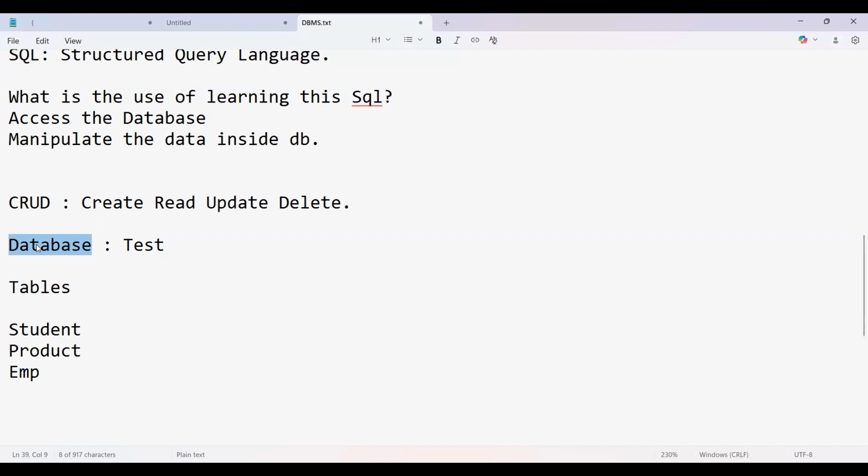Inside the table, we store the data. Suppose this is the employee table.